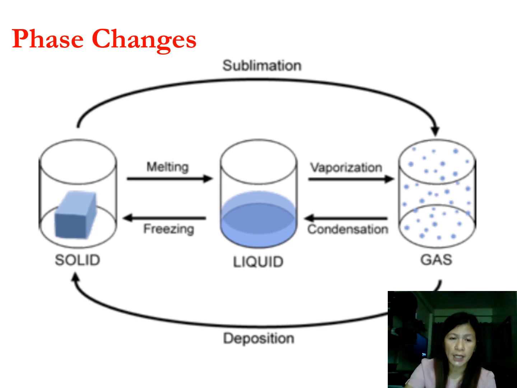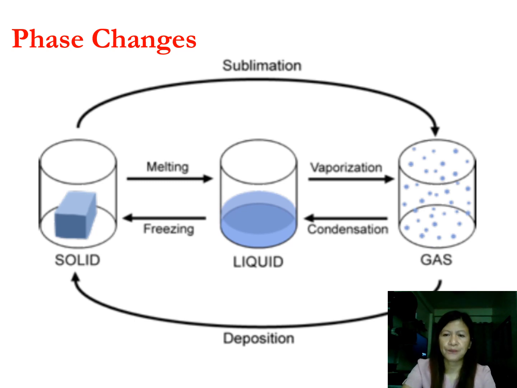Balik tayo sa solid. Solid transforming to gas without passing the liquid state is called sublimation. And under certain conditions, gaseous matter may transform to solid also without passing the liquid state. So we have the reverse processes: melting, freezing, vaporization and condensation, and sublimation and deposition.